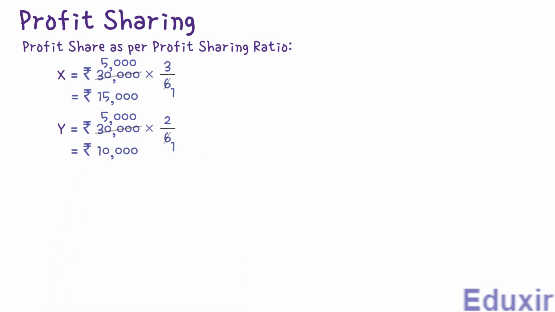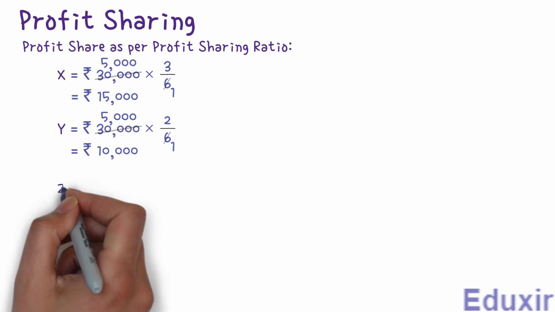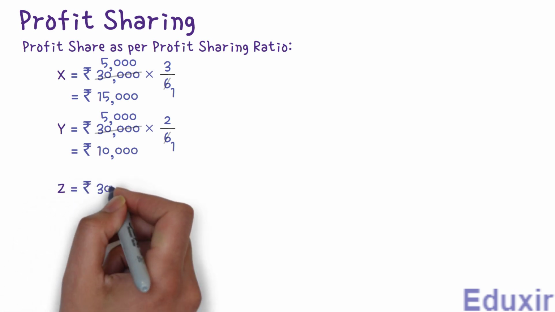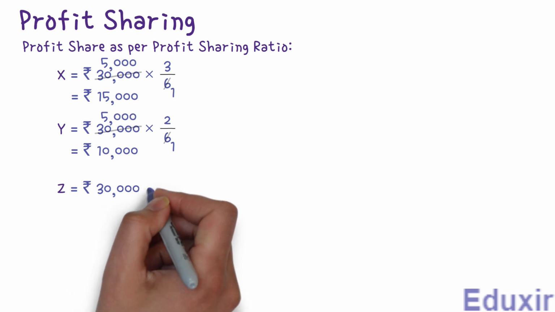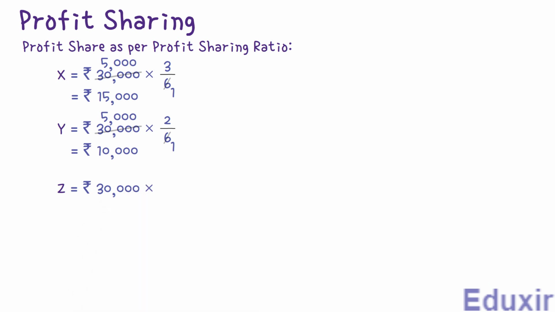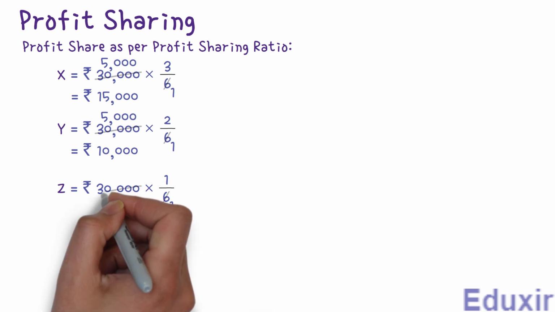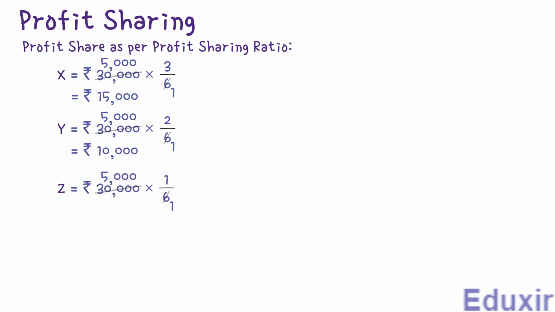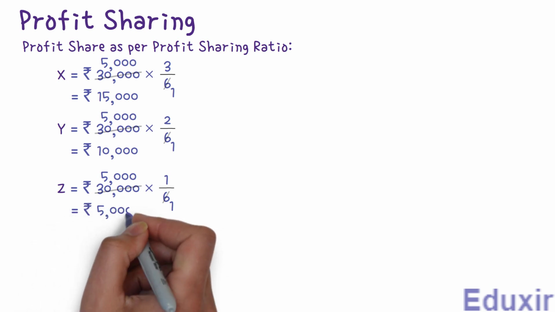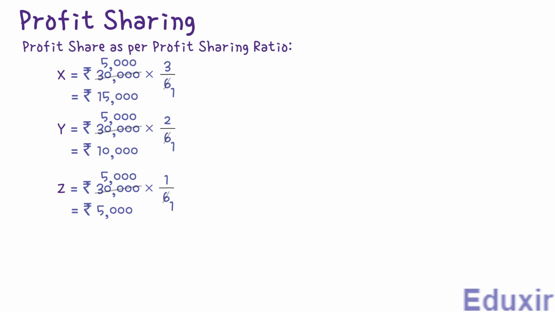This is the share of profit for the partner Y. Now, the profit share of the partner Z is equal to the total net profit amount of 30,000 rupees multiplied with his profit sharing ratio 1/6. Cancelling with 6, 6 ones are 6, 5,000s are 30,000. The resulting value of this calculation is 5,000 rupees. This is the share of profit for the partner Z.